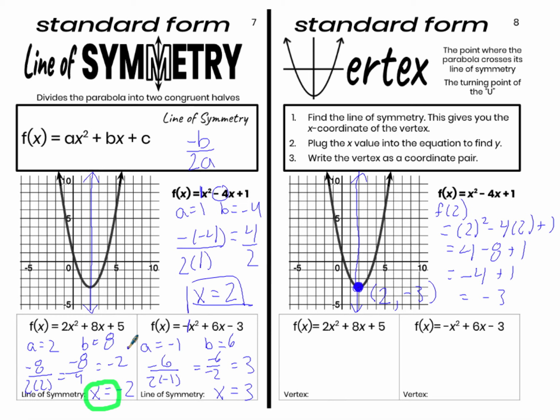If you're given a function rule, you first find the line of symmetry. That is equivalent to finding the x value of the vertex. So I found that here. The x value of the vertex is -2. To find the coordinate of the vertex, I need to find f of -2, which is just plugging in -2 for x.